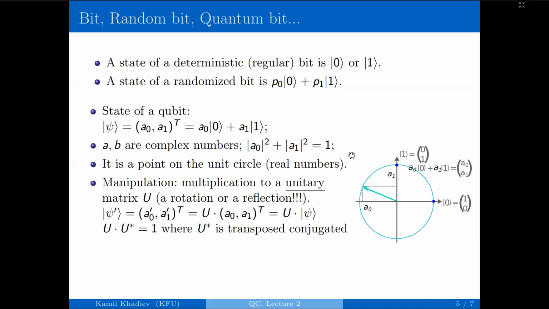And the possible modification is just a rotation or reflection on this circle, the unit circle. It can be represented by multiplication by a unitary matrix. Unitary means that U times U star is 1, where U star is the transposed conjugate matrix of U.